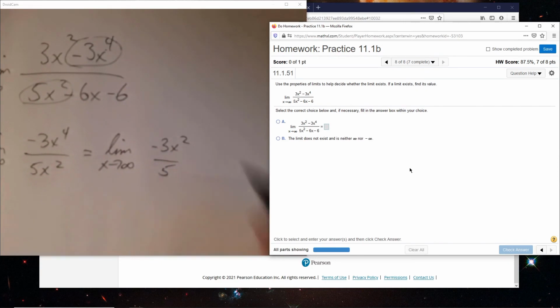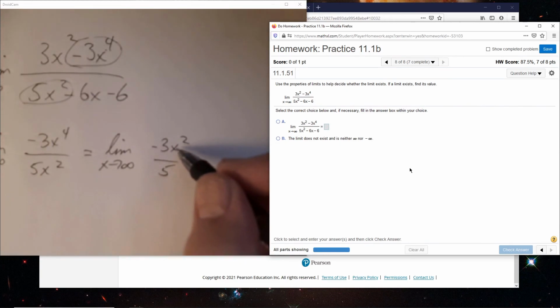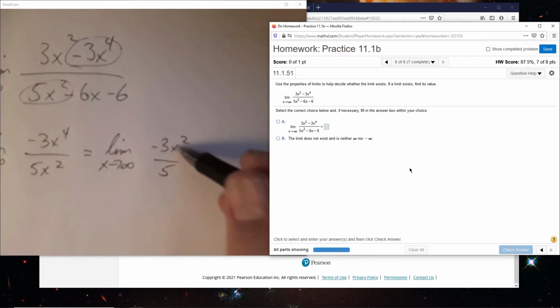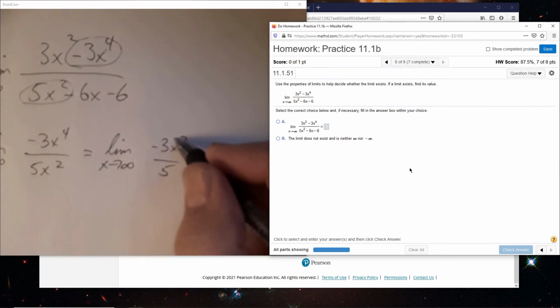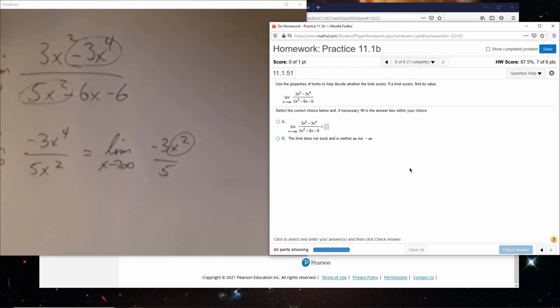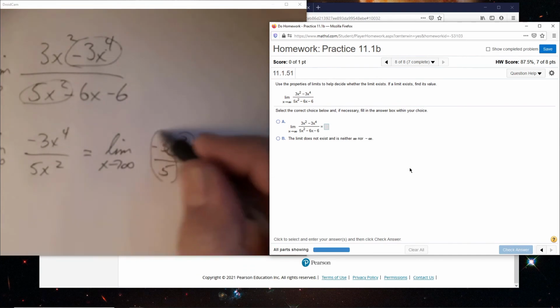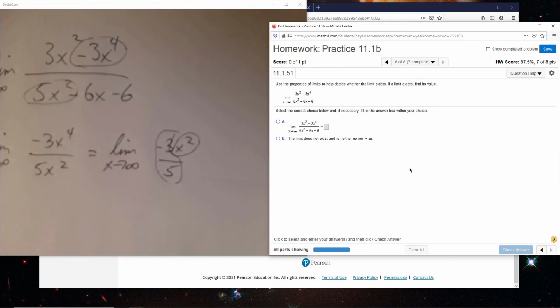So again, any number greater than 0 times infinity is going to infinity. So as x goes to infinity, well, x squared is still going to infinity. Infinity times infinity is still going to give you infinity. And then the minus 3/5 times that just means that's going to a minus infinity.